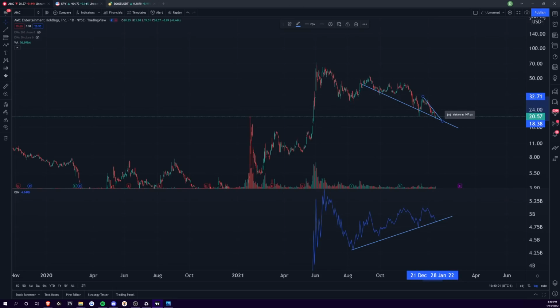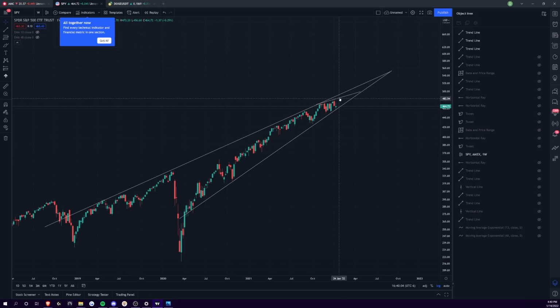I think SPY gets a bounce off of this trend line at the bottom here. I think eventually it gets absolutely trashed at some point this year, or going into next year, because this is a rising wedge. But I think you see this kind of upward price action the rest of the month, and then maybe you squeeze into this pretty tight until April or May, and then pretty nasty things could come out of this.